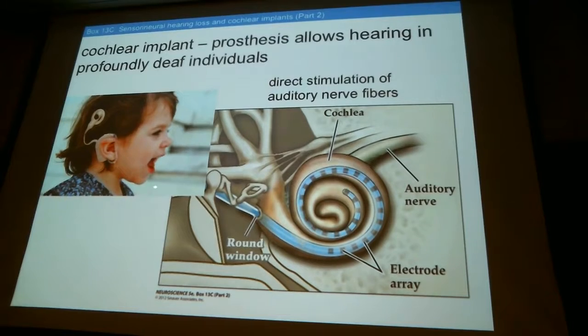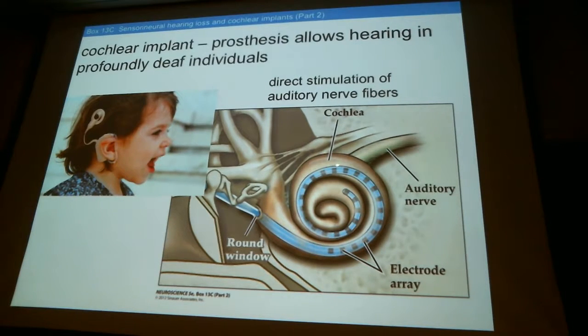And the idea is, let's start with the electrode. You've lost your hair cells at the periphery, but you still have an intact auditory nerve. And so you can insert an electrode.